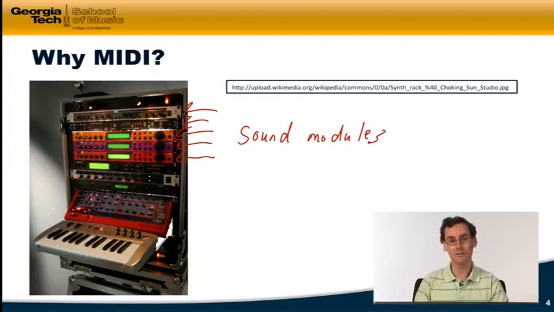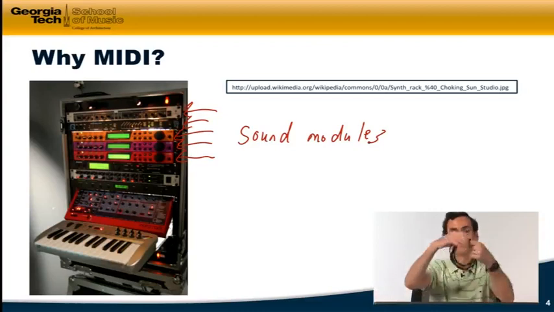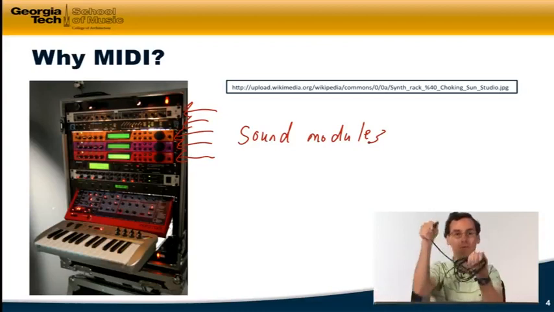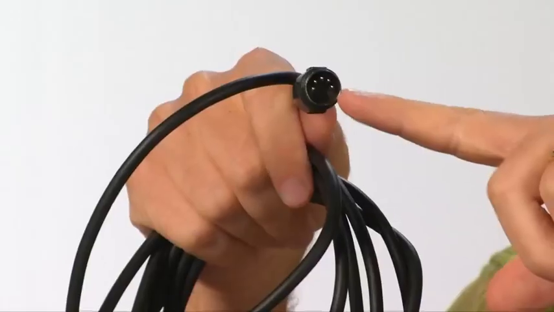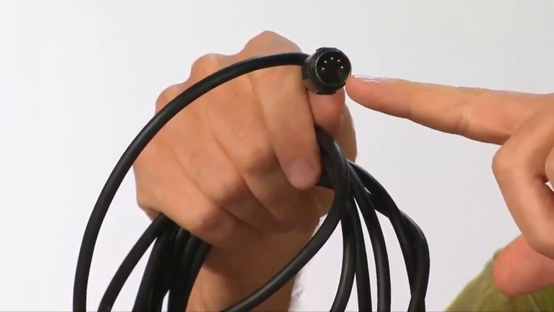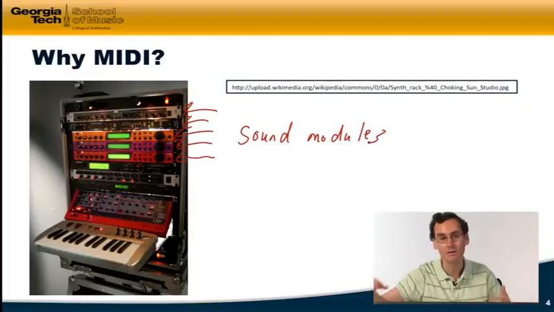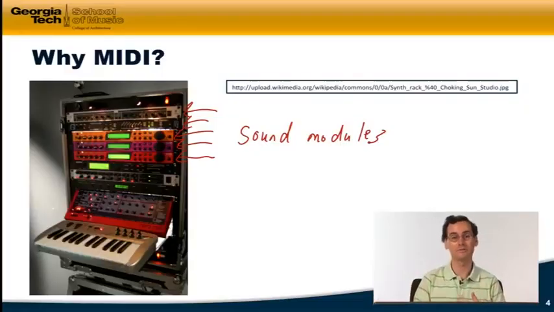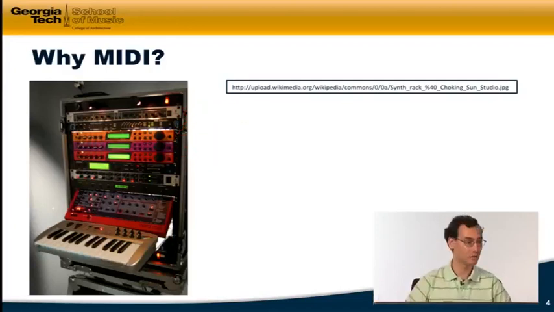So MIDI solved this problem by having a common language that all of these devices could speak, and they would all communicate through this. This is a MIDI cable, and you can see what it looks like. It's got five little pins there, and all these different devices would have ports to send and receive and sometimes pass through MIDI. We'll get into the details of that in the next video.